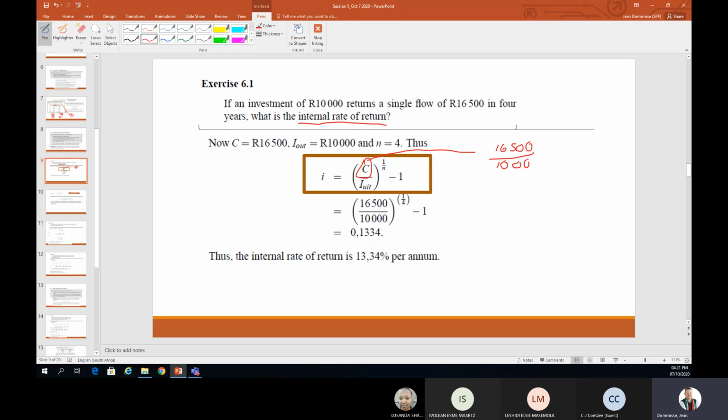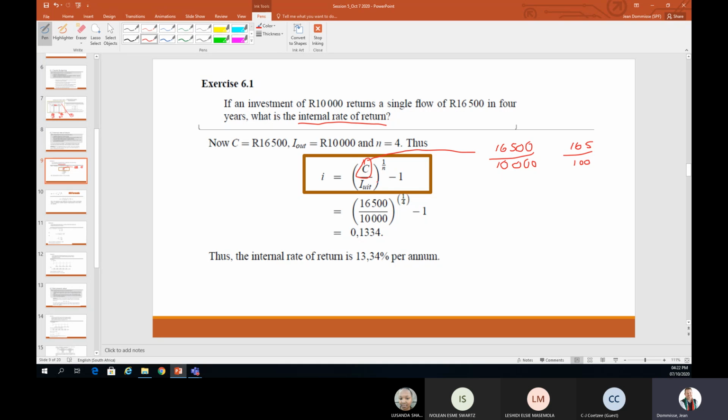Sometimes they already take away some of the zeros to make it 165 over 100. It depends on which book you're using or which method they're showing, because sometimes they already make it the simplest form without you even seeing it.